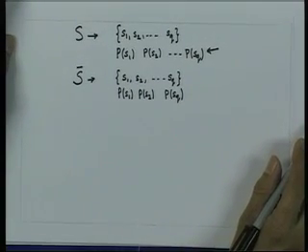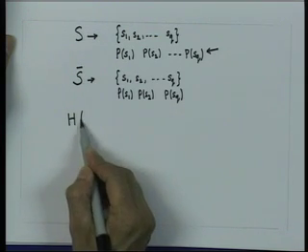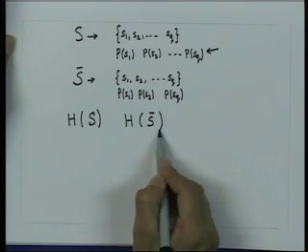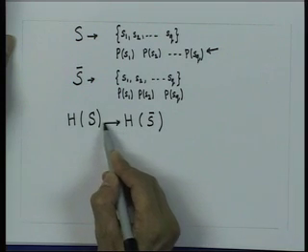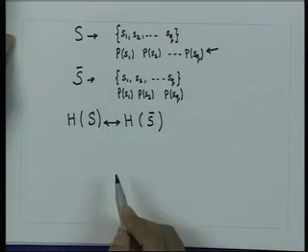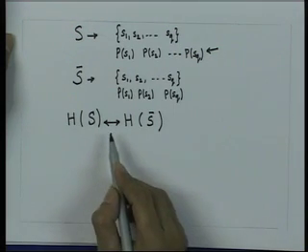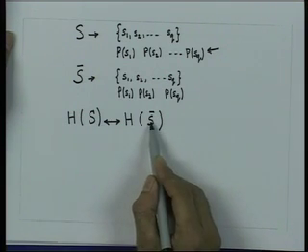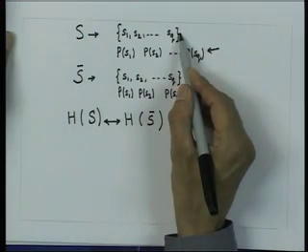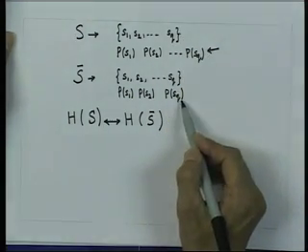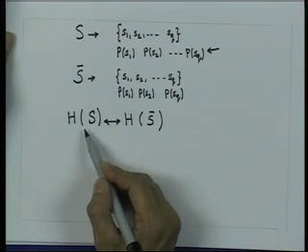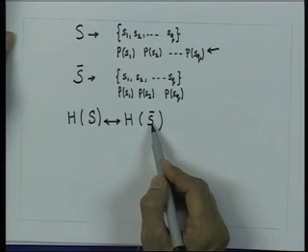Now, the question is, what is the relationship between H(S) and H(S bar)? Is there some kind of a relationship existing between these two sources? What it means basically is that in all respects the source S and S bar are the same, source alphabets are the same and the unconditional symbol probabilities are the same, but the source S emits symbols wherein the occurrence of each symbol is dependent upon the preceding symbol, whereas S bar is a zero memory source.